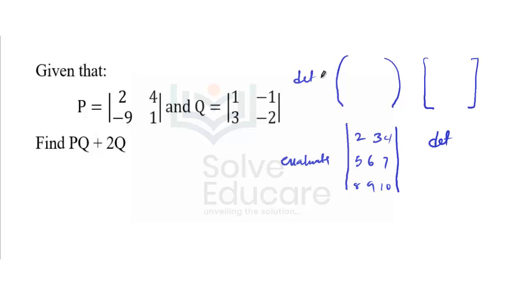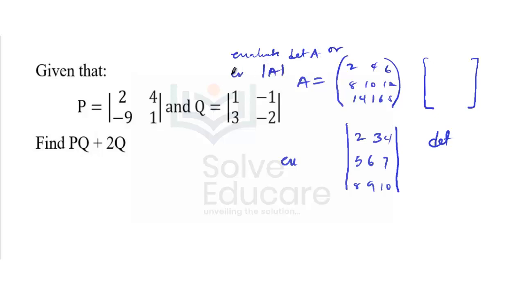Or maybe the question says A is equal to 2, 4, 6, 8, 10, 12, 14, 16, 18, and you want to evaluate something here. The question may either say evaluate determinant det A, or the question will say evaluate this.